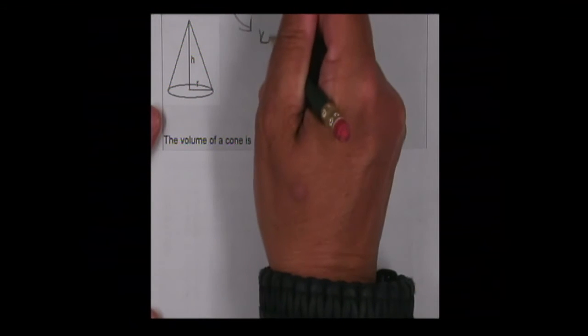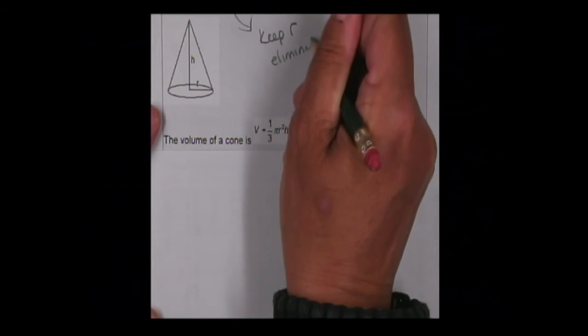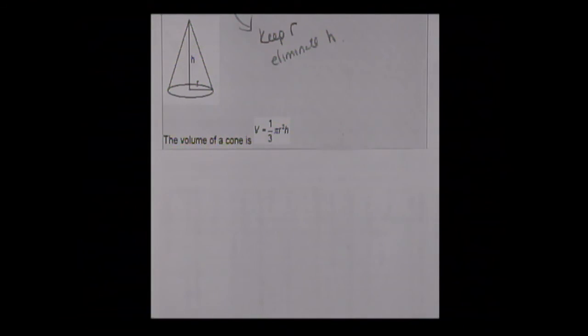The variable we want to get rid of is the one that we don't either have information on or is the one that we don't want to find something out about. So notice here, we actually want to find the rate of the radius. So this is kind of telling me, keep r, eliminate h.